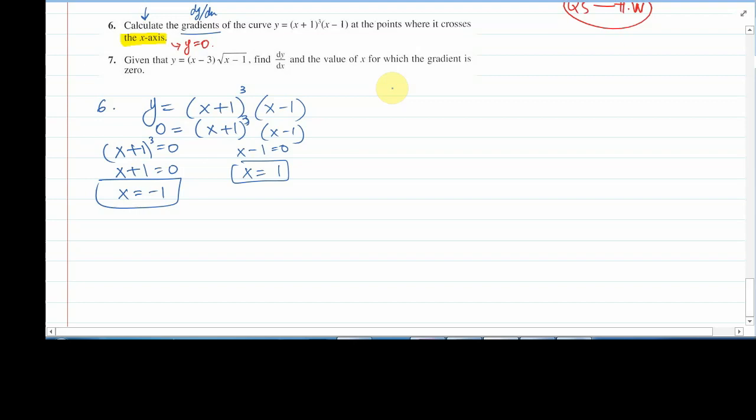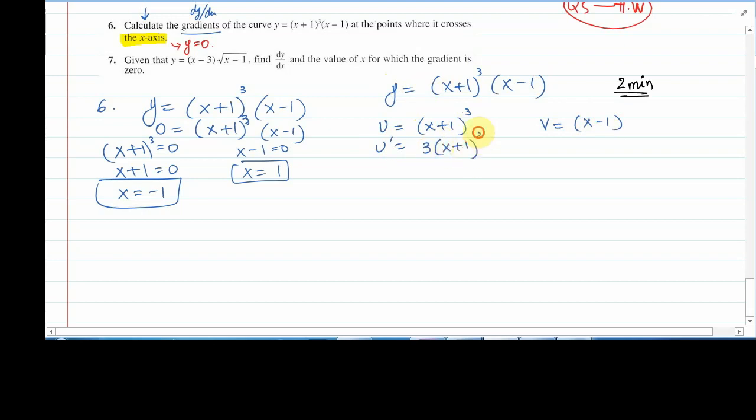You have a function y is equals to x plus 1 whole cube and x minus 1. There are two functions multiplying with each other. That means we need to opt the strategy of u into v. u is x plus 1 whole cube and v is simply x minus 1. So now u dash is 3 times x plus 1 whole square. Derivative of that function is 1 and v dash is 1 only.